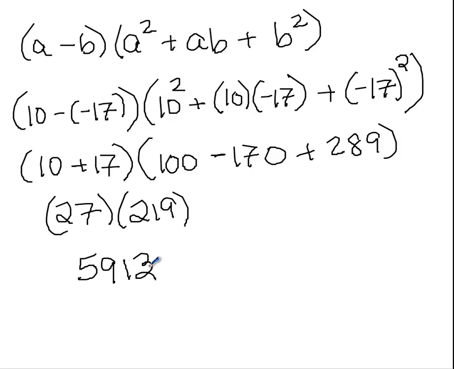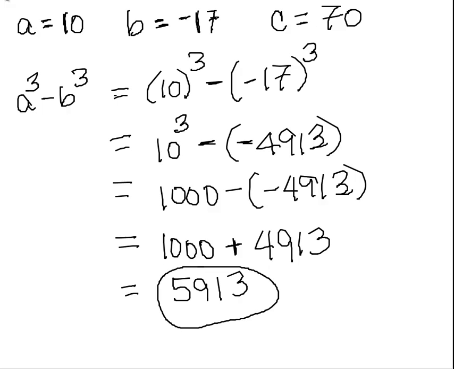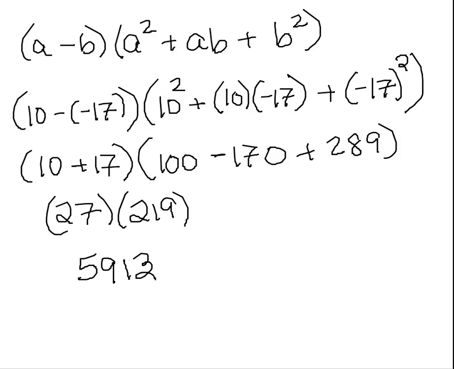Now, as you can see, that was the same answer that we got in the first problem. So one of the questions on your assignment is, why did these two numbers come out to be the same? I'm going to give you a hint.